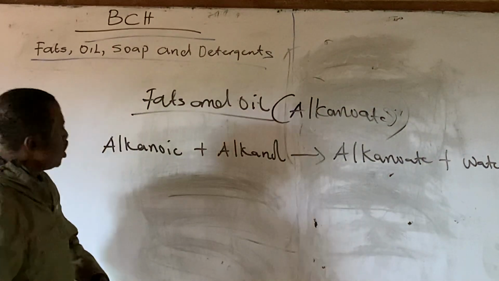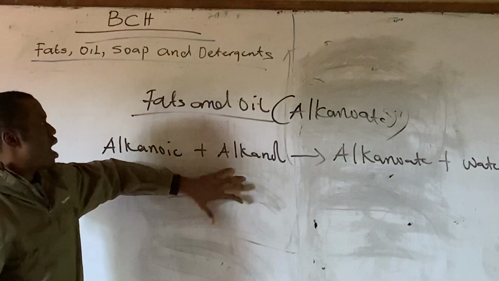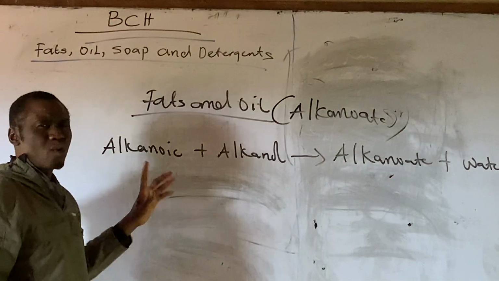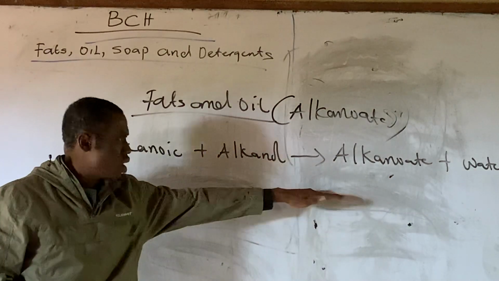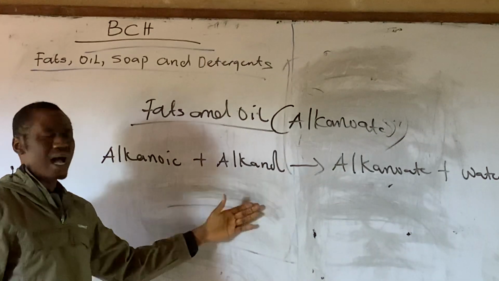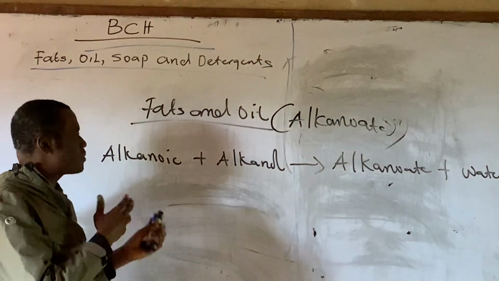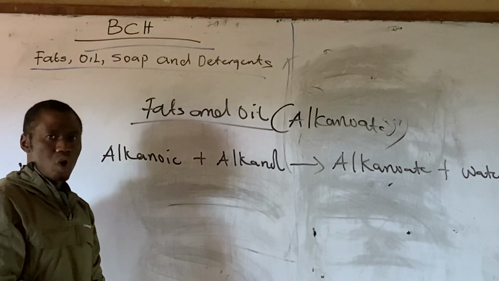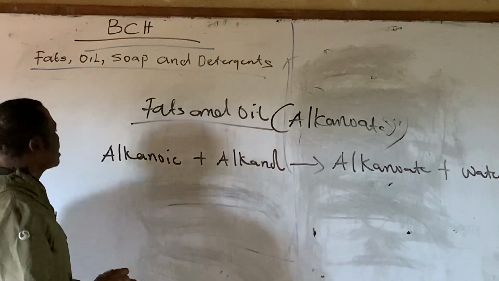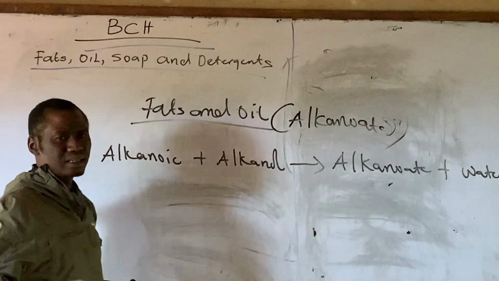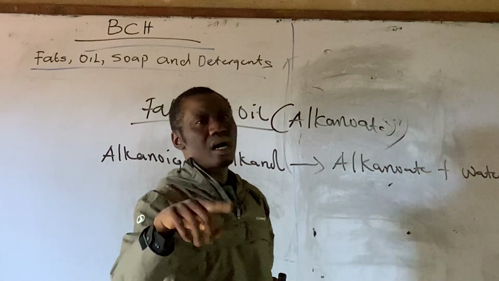Alright? So before we deal with fat and oil, I want to just pick one example and go on the board with alkanoic acid plus alkanol, that will give us alkanoates and water. This is an aspect of organic chemistry. Okay? Now, let's pick one alkanoic acid with carbon atom 3.